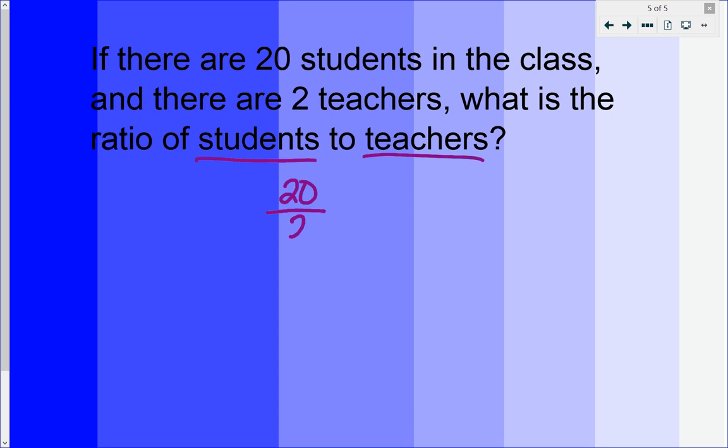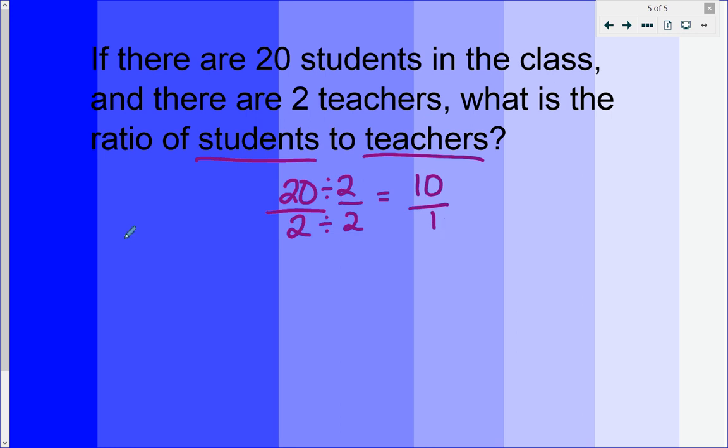Okay. Now I want to see if I can simplify this. Well, I know that they're both even, so they can be divided by 2 each. 20 divided by 2 is going to give me 10. 2 divided by 2 gives me 1.